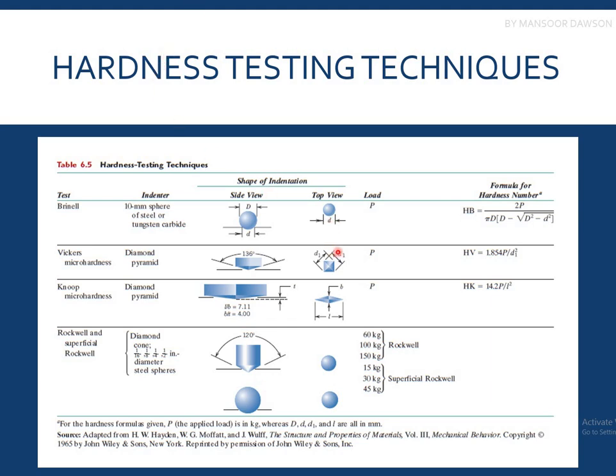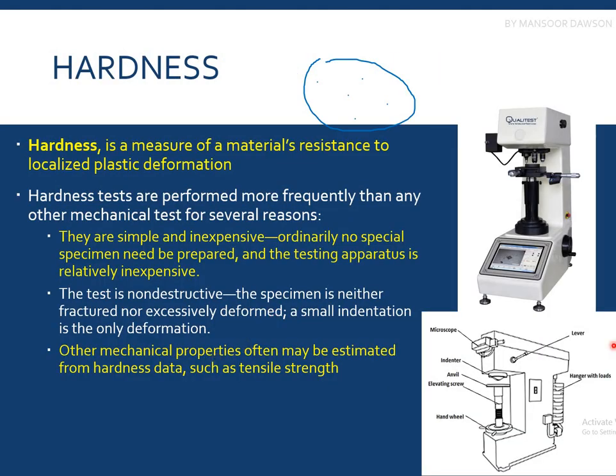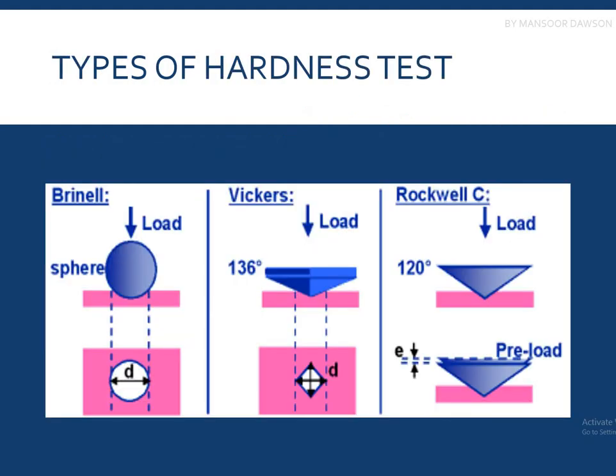So what we do is, this is a hardness tester. We place our specimen on this anvil. Sometimes the hardness testers are also incorporated with a microscope, but not necessarily. Then we perform an indent, and the machine gives us a value of the hardness.